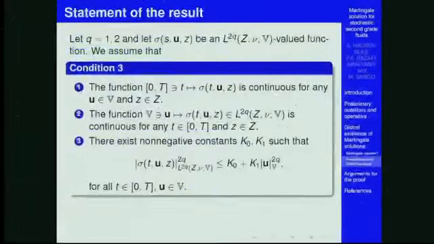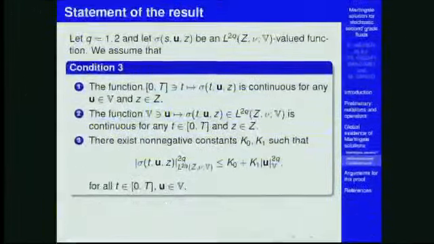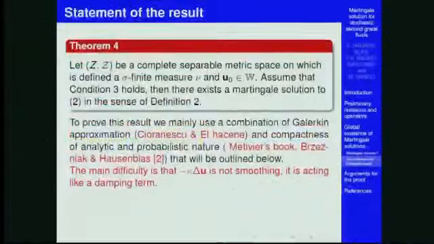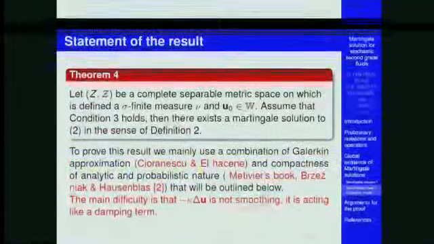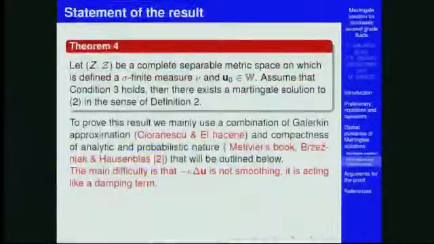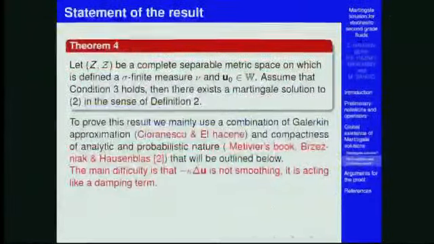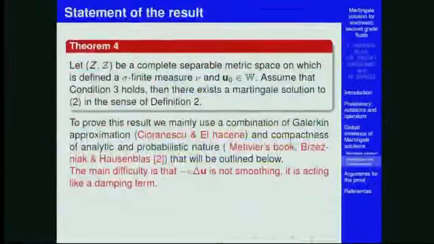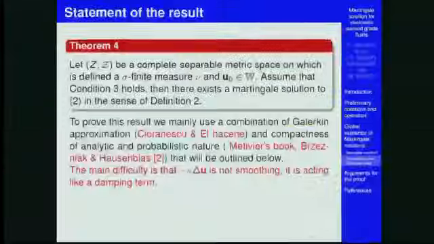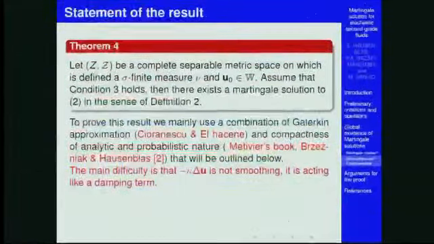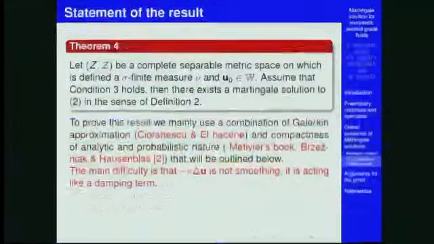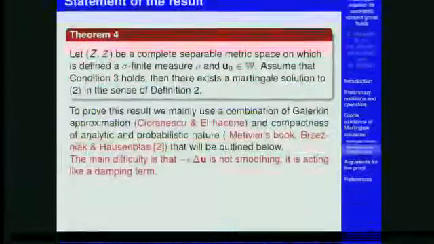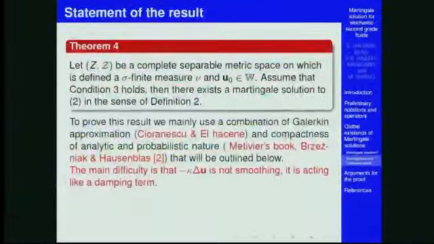So we want to study the existence of martingale solutions. So what kind of martingale solution are we interested in? It's basically the same definition as Professor Motyl's definition. We look for a system like this, where the tuple with F bar, P bar is a complete filtered probability space.